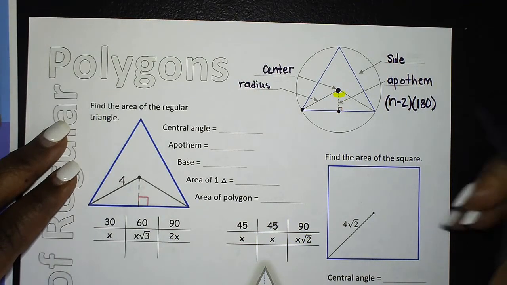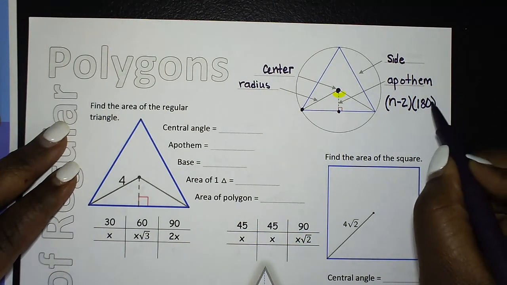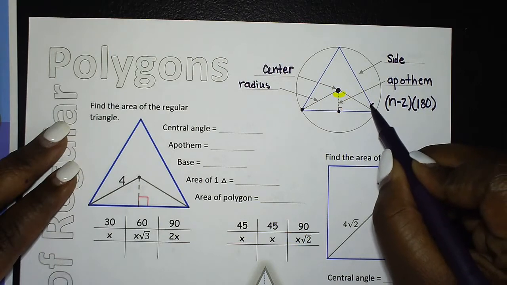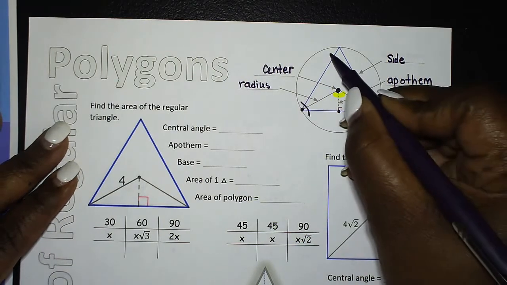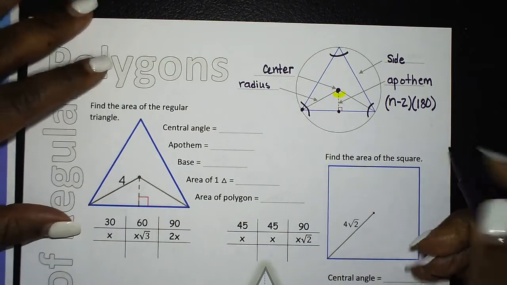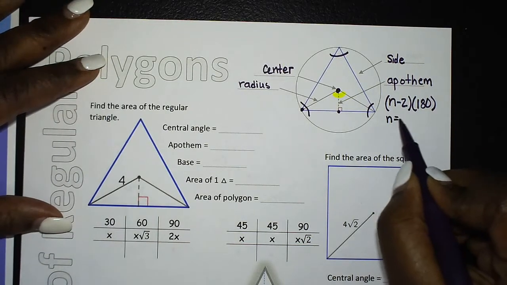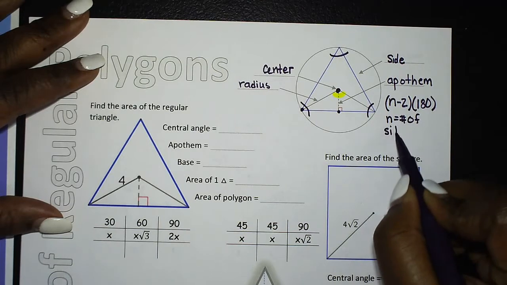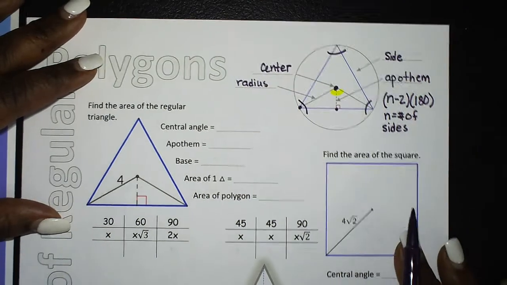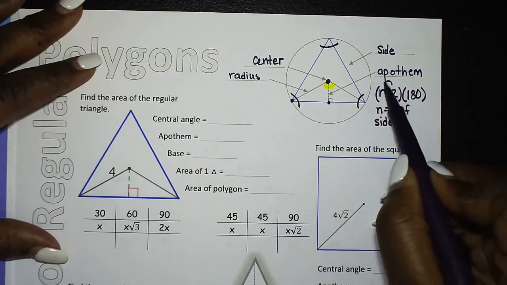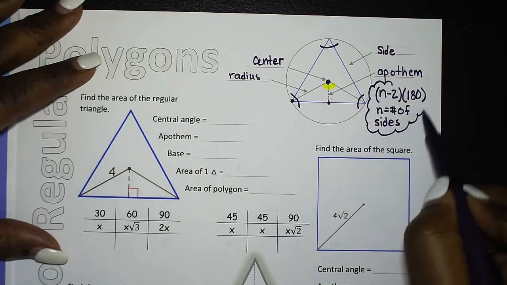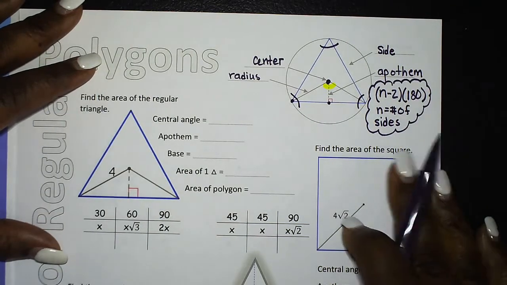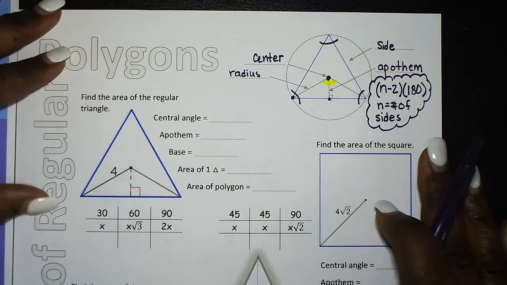That is our formula for finding these angle measures on a polygon, where n equals the number of sides. Now, some of you may have had this or remember this, some of you don't, but I want you to have that as an aid.